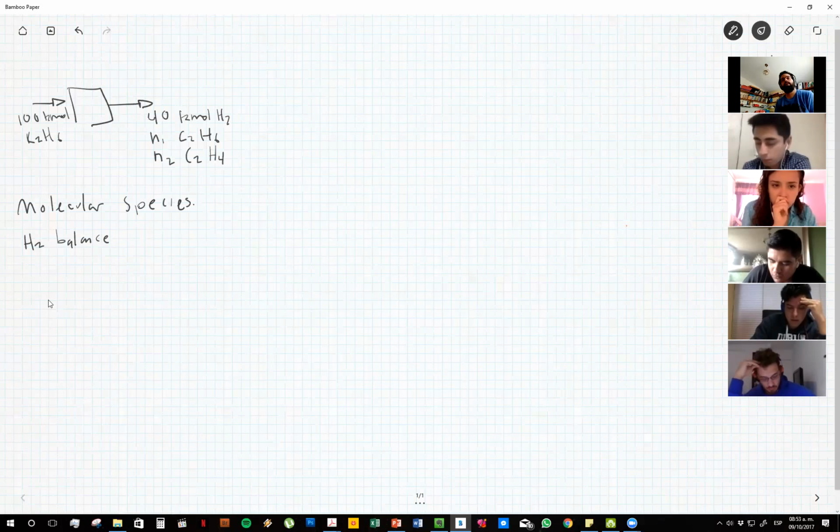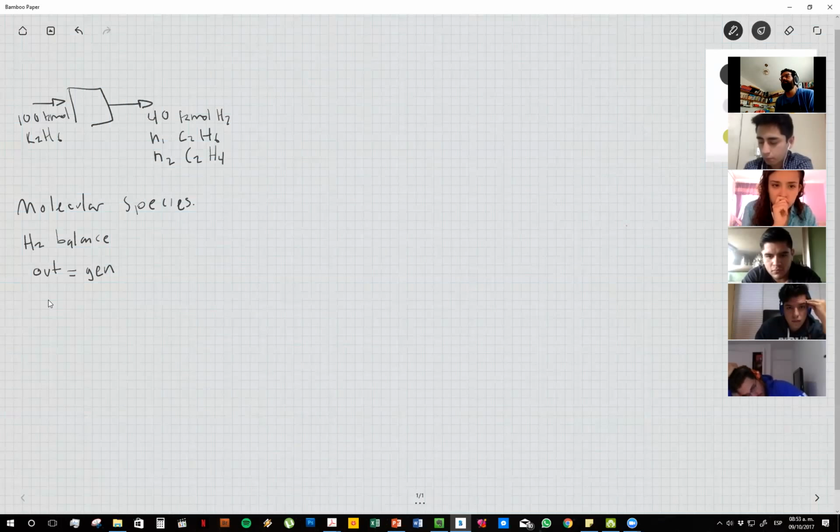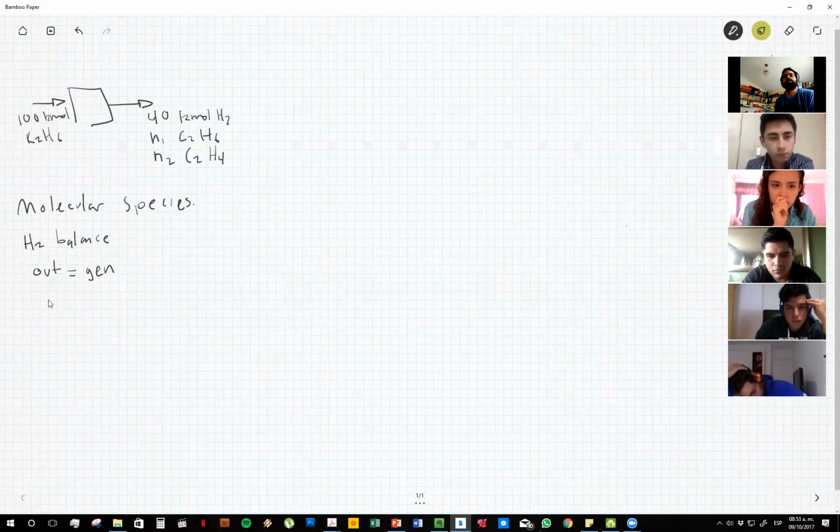For example, we don't have hydrogen at the inlet, right? We only have hydrogen that is produced in the reaction, right? So the outlet is going to be equal to the generation of hydrogen in this case, right? We don't have any other kind of thing, right? So in this particular case, we already know that hydrogen is going to be 40 kilomoles, right?